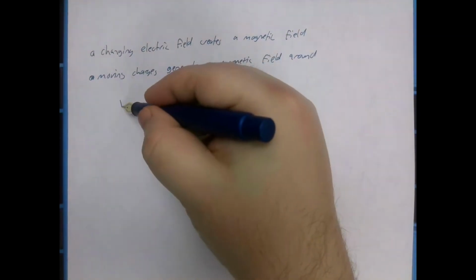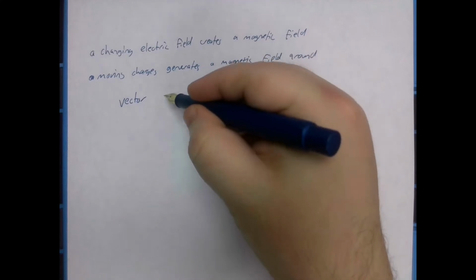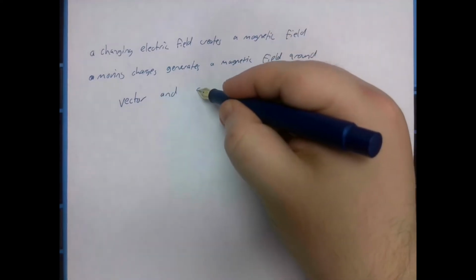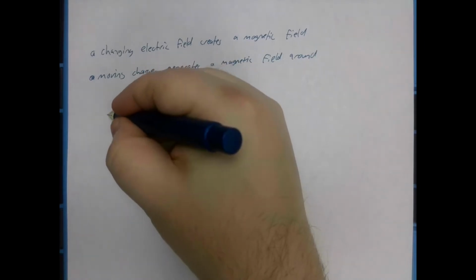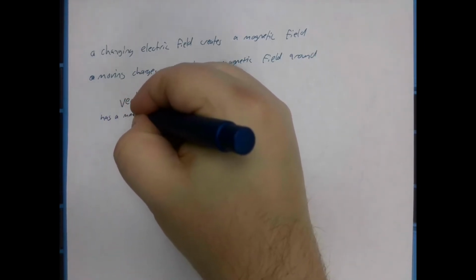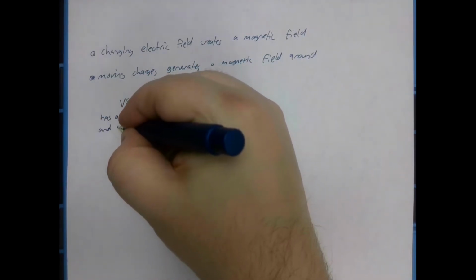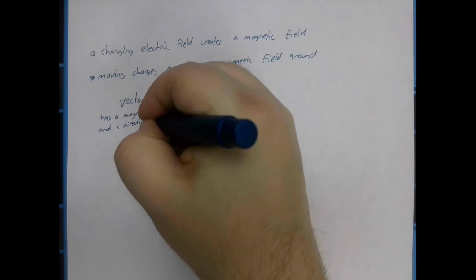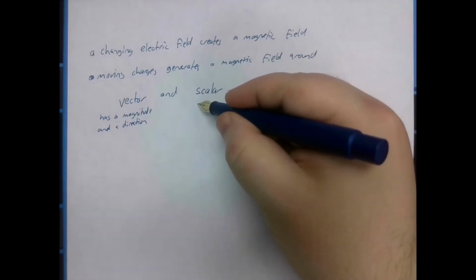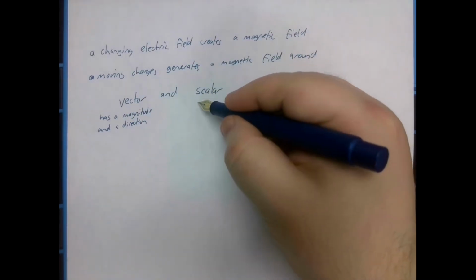So, what's the difference between a vector and a scalar? A vector has a magnitude and direction, while a scalar only has a magnitude or value.